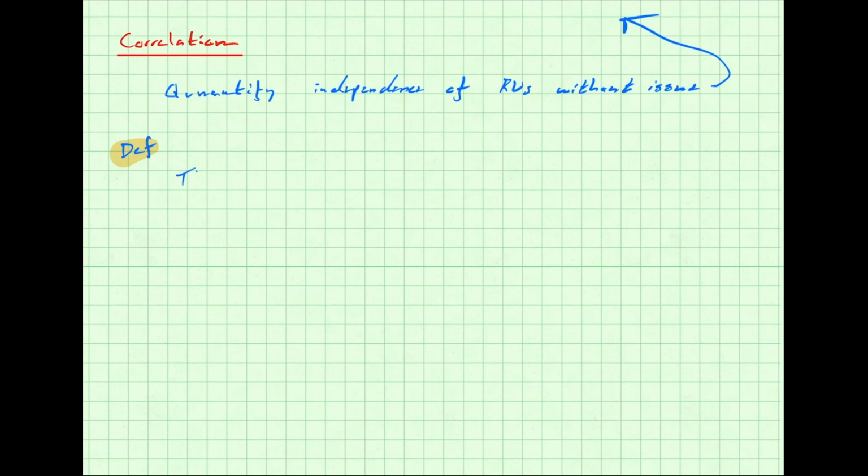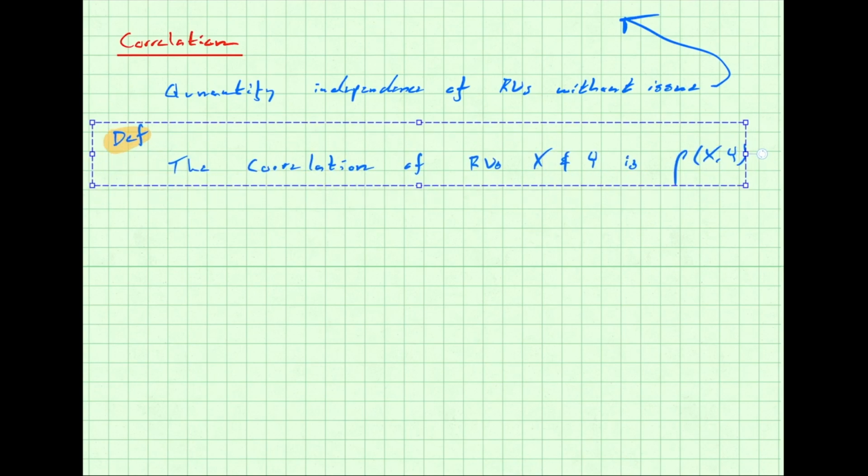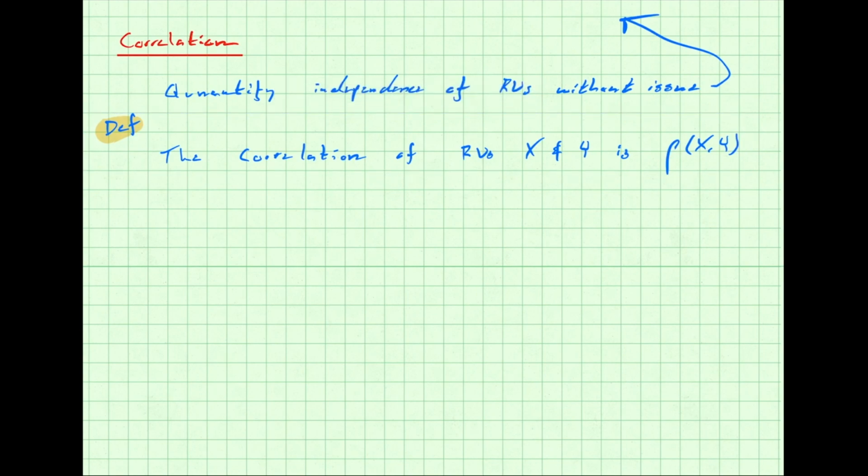So the correlation of random variables x and y is written as rho, the lowercase Greek letter rho, x comma y, where it's defined with the following formula.